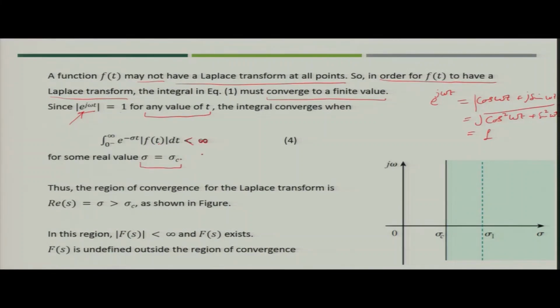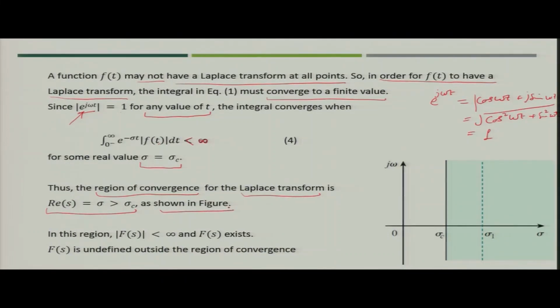Let us assume that the value of sigma is sigma c. With this you can find out the region of convergence for the Laplace transform. So you can say that the real component of s, that is sigma, should be greater than sigma c for the solution to converge.